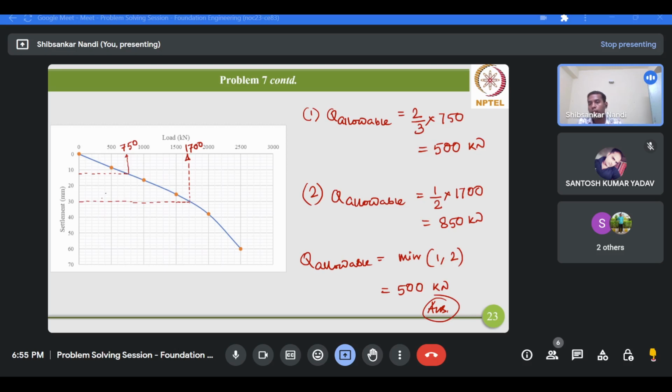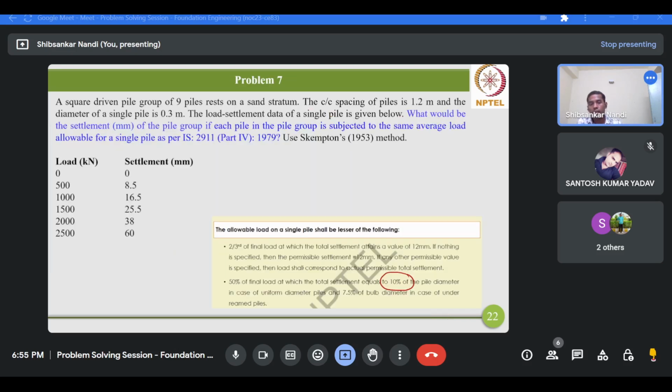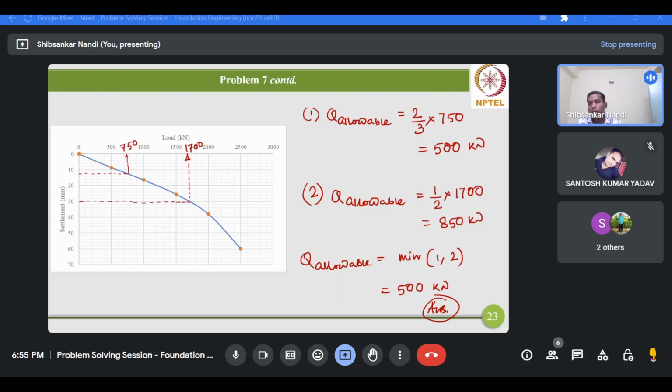Now coming to the second condition, you first have to calculate 10% of the pile diameter. Pile diameter is 0.3 meter, so 10% of this will give you 30 mm settlement. Corresponding to this 30 mm settlement, you have the load from this plot as 1700 kilonewton.